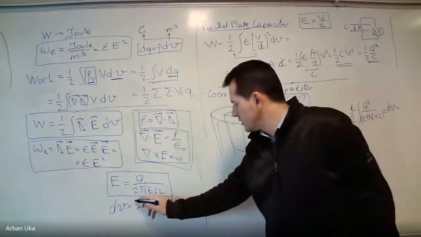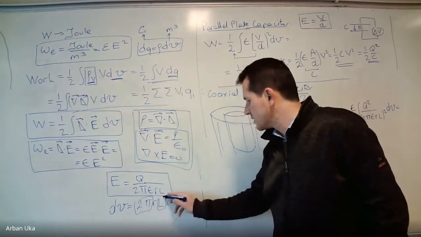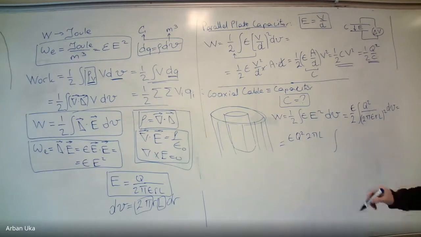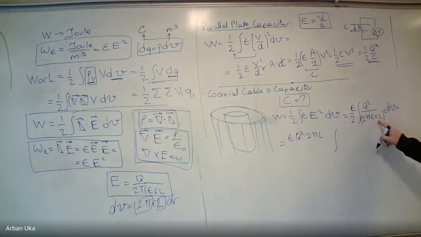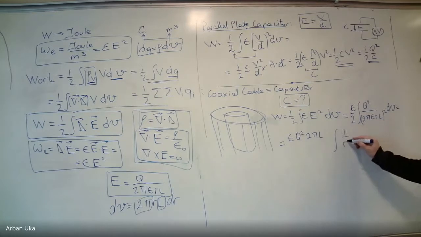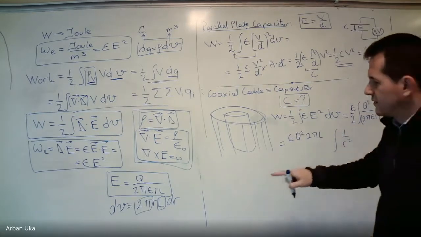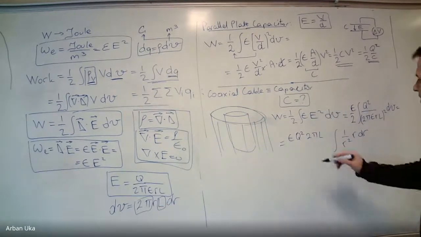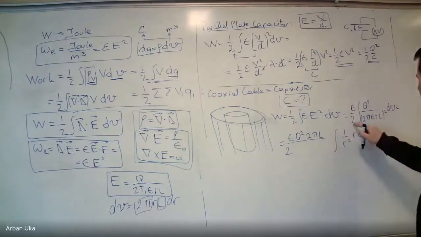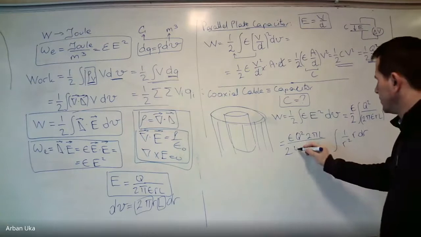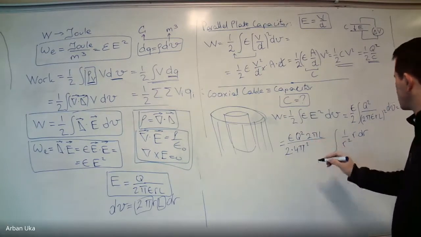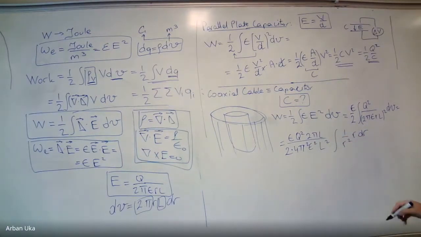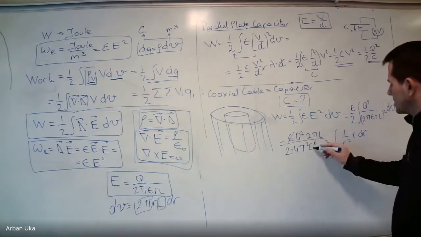This is a constant, this is a constant, so we get 2 pi L, and then inside what is left is 1 over r squared, and there is this r, so we have r dr. On this side we have the 2, divided by 4 pi squared permittivity squared L squared. Then we can cancel out a few terms.